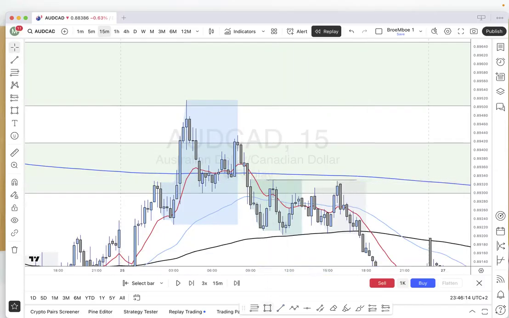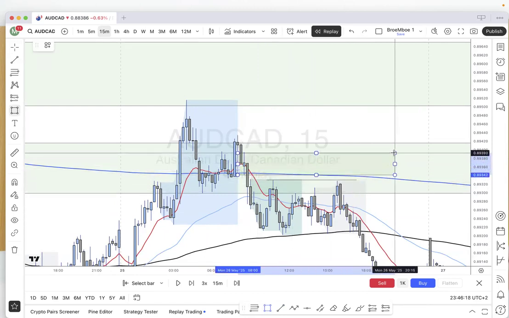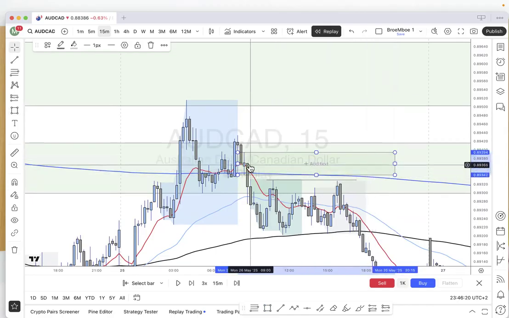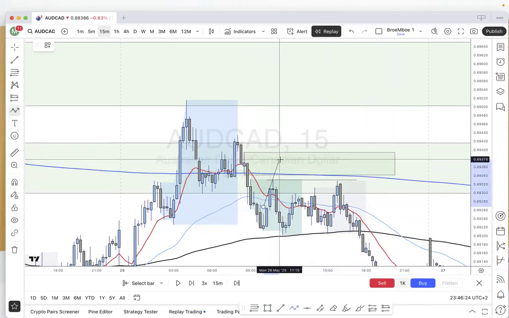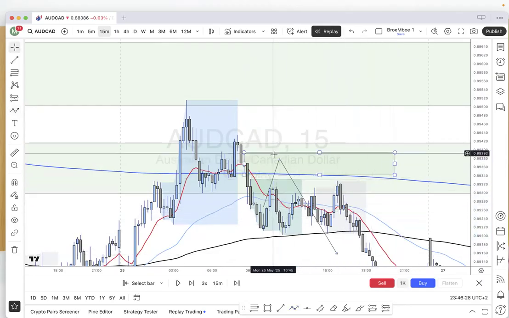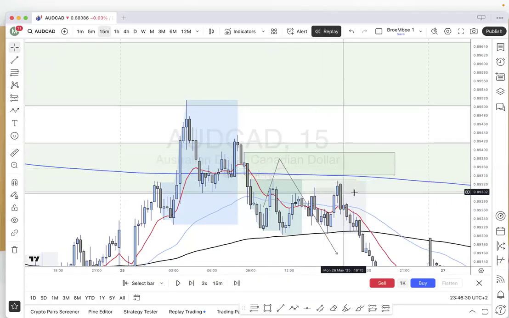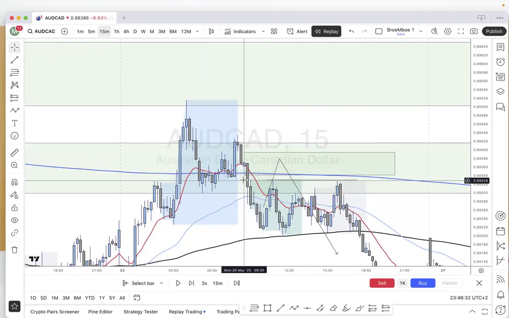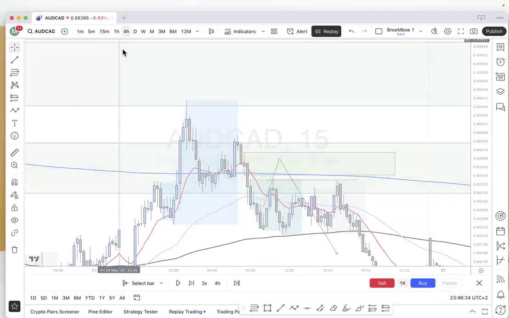So we would have loved to see them come where this candle is right there, to push back right there and then go down. But if you would have been waiting for that, that never happened. But nonetheless, it was a good trade.